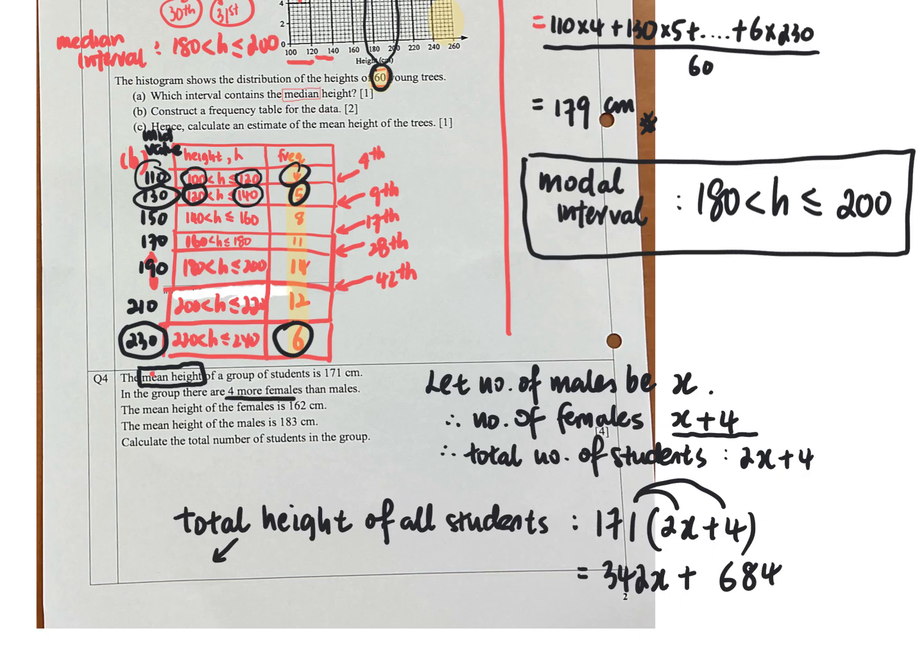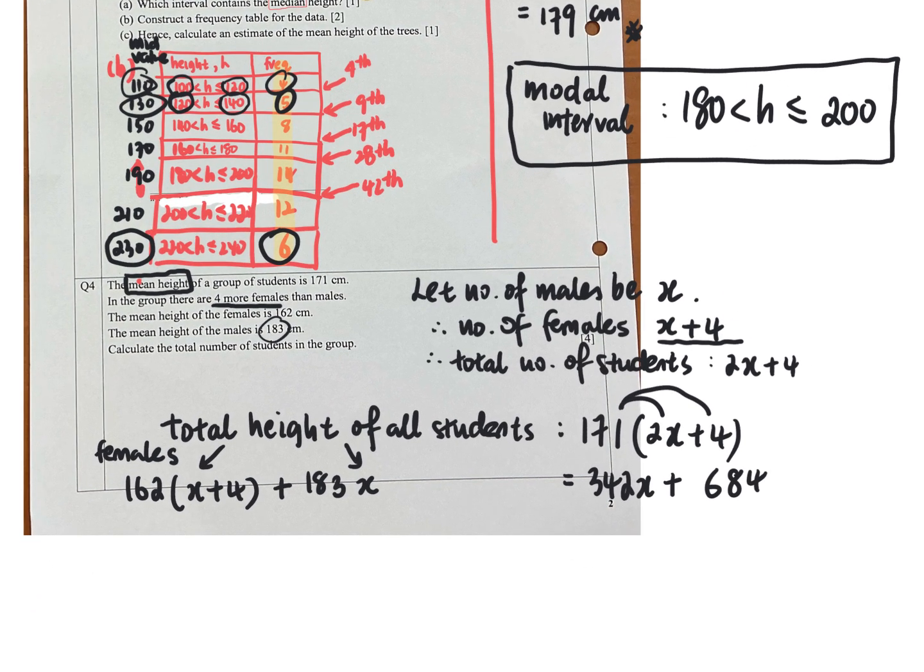So total for female is 162 times x plus 4. Okay, this is for females. And then male would be 183, and then I have x of them. So these two should tally because they add up to the total height of all the students. So next is just solving algebra.